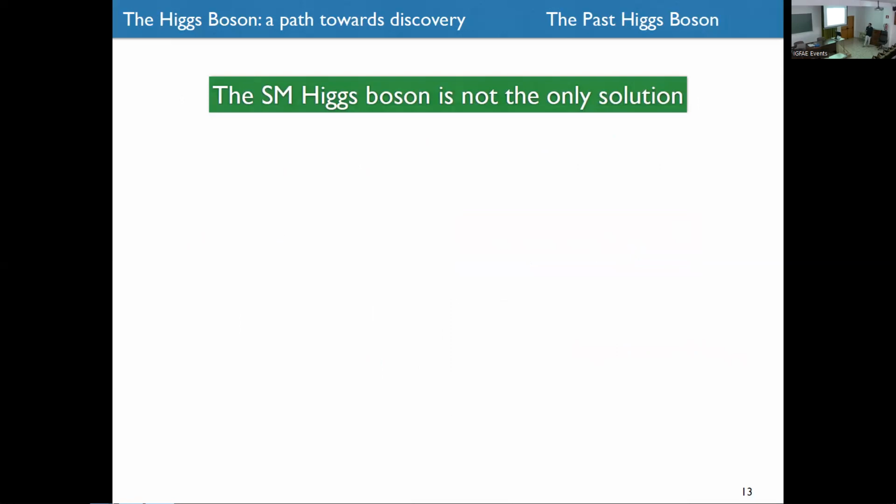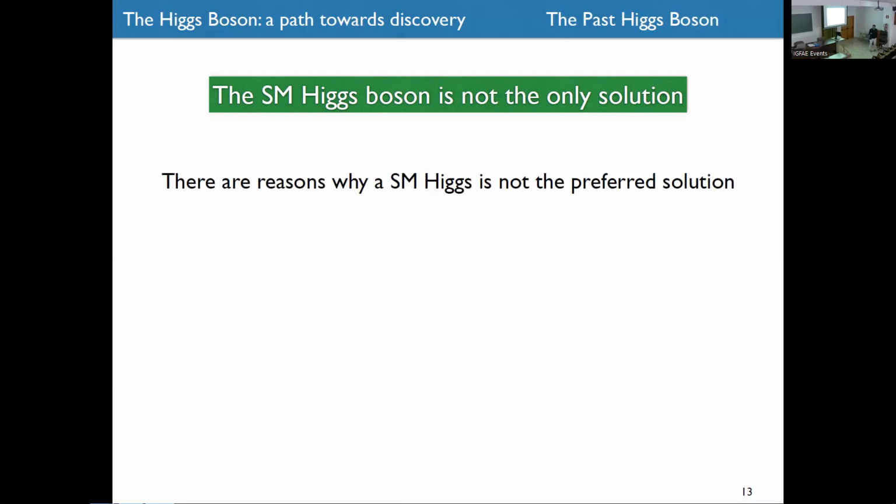Okay, now the interesting thing though is that the standard model is just one of the solutions. It's not the only one. I'm not going over the other possible solutions. We are not here to talk about them. But at least to point out there are other possibilities.